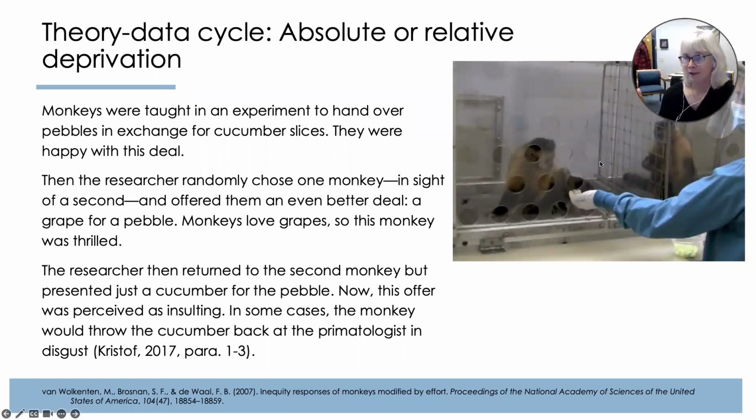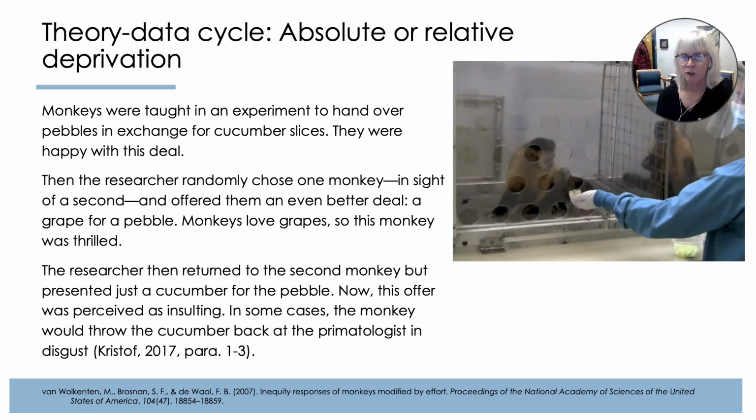And they thought that was pretty cool. Then the researcher randomly chose one monkey and offered them an even better deal: a grape for the pebble. Monkeys love grapes. I love grapes. So this monkey was thrilled.